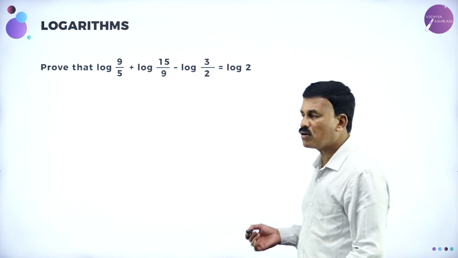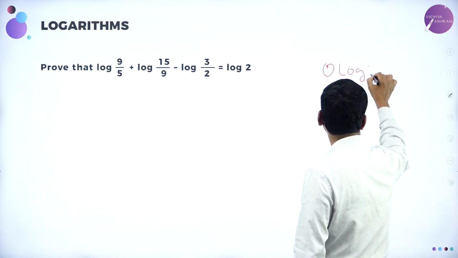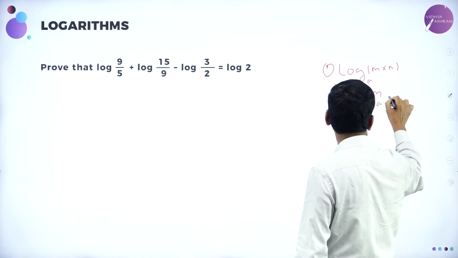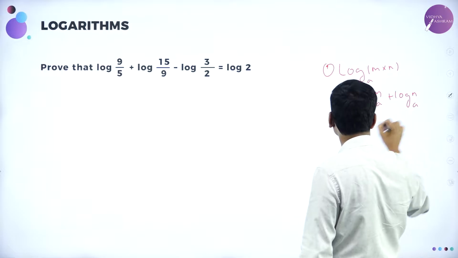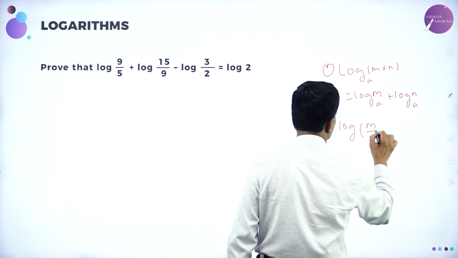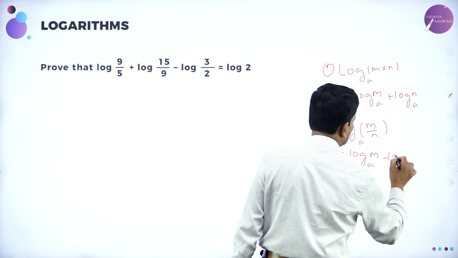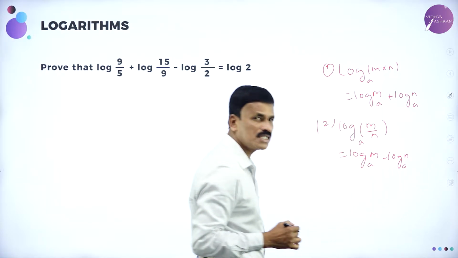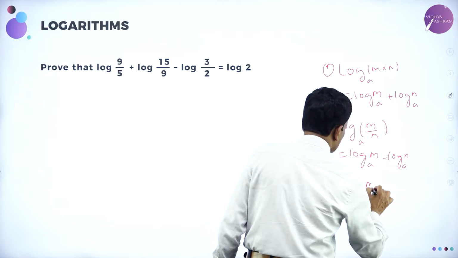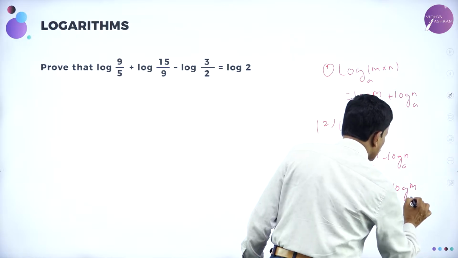Now let me recall all the laws of logarithms. The first law is logarithm of m into n to base a is equal to log m to base a plus log n to base a. This is the first law. And the second law is logarithm of m by n to base a can be written as log m to base a minus logarithm of n to base a. And the third one, logarithm of m to the power n to base a is equal to n log m to base a.